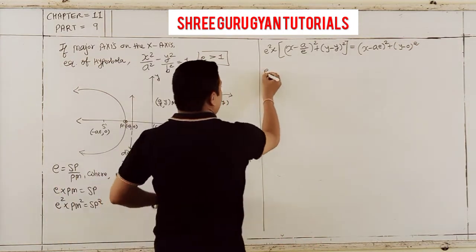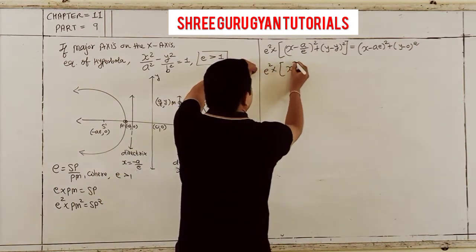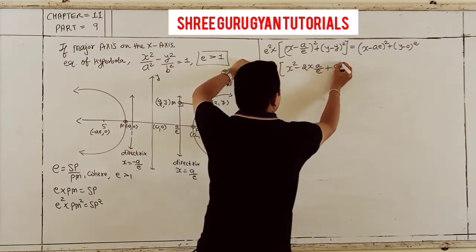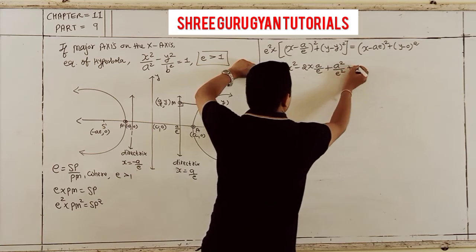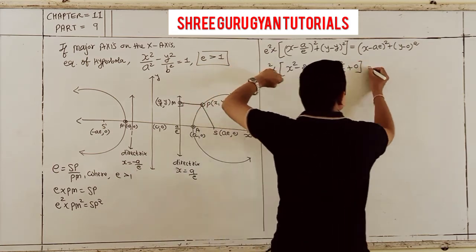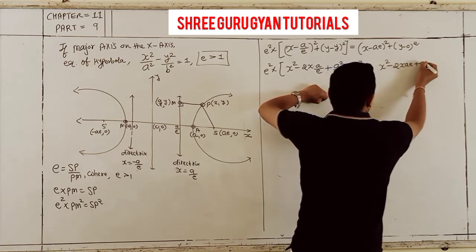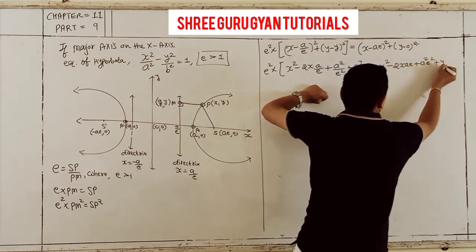So e square into (x square minus twice x a by e plus a square by e square plus 0), and here also the same, x square minus twice x ae plus a square e square plus y square.